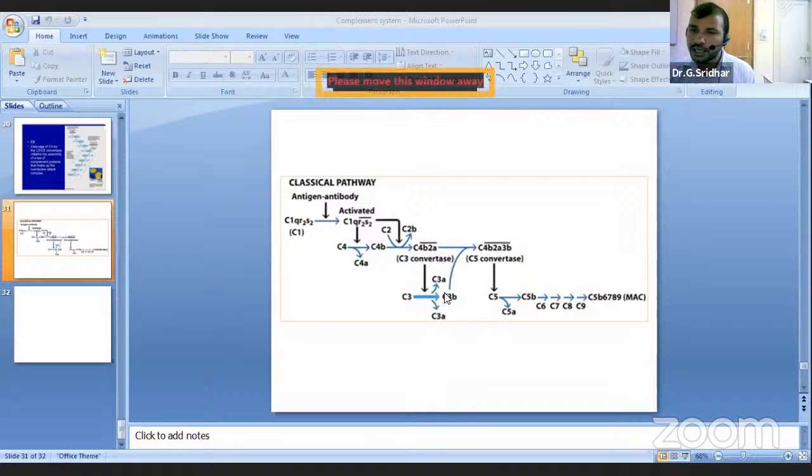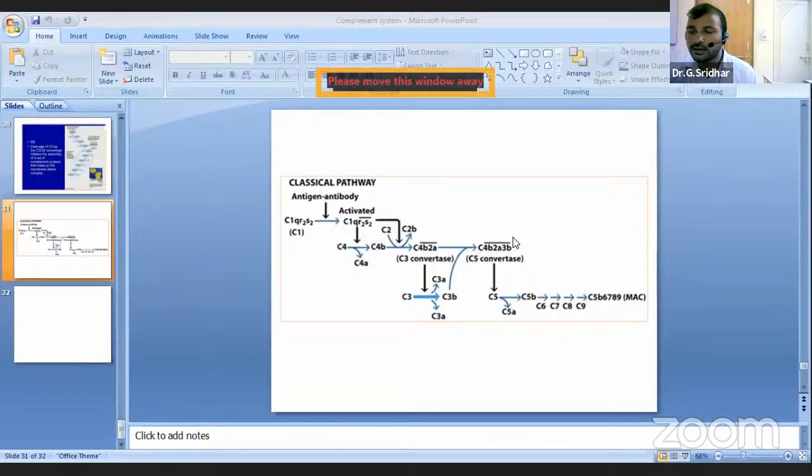Now after splitting of the C3 into a smaller subunit and a larger subunit, this larger subunit will go and make the complex with this C3 convertase, like C4b, 2a and 3b. That means the larger subunit of the C4 protein, the larger subunit of the C2 protein, and the larger subunit of the C3 protein will make a complex. You see, a line means complex, activated form.